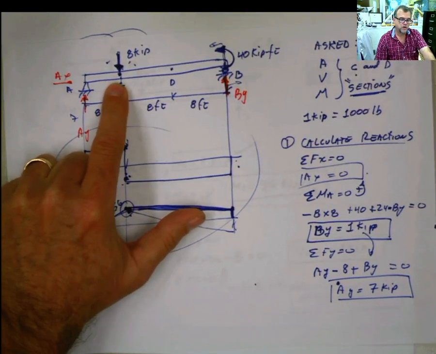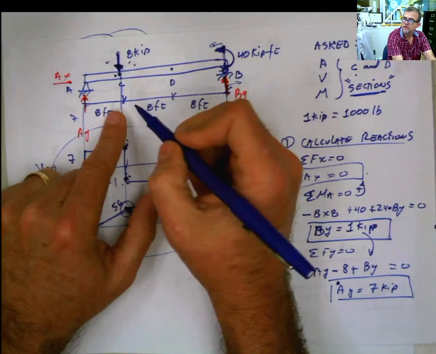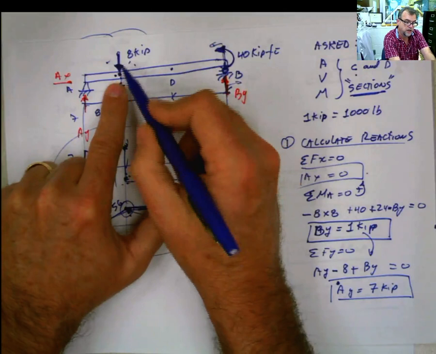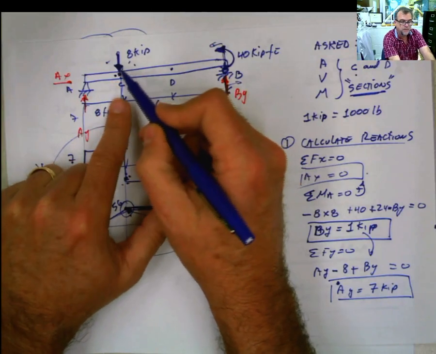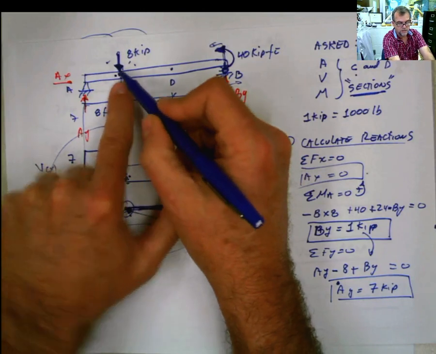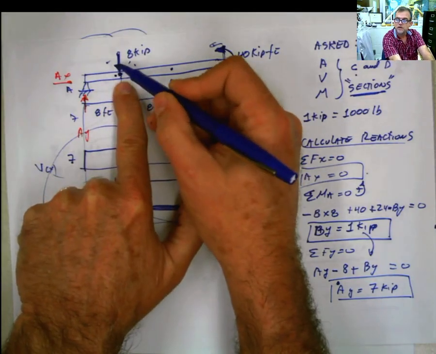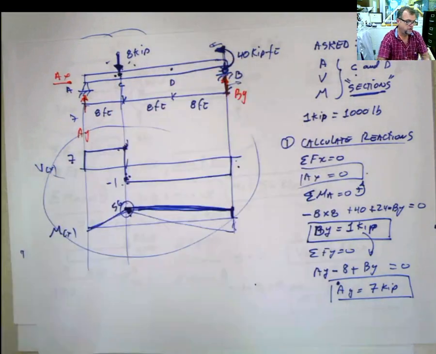Then you don't include the force. Or if they tell you, consider that the force is applied to the left of the point C, oh, then you have to consider it, because they are telling you, here's the point, and to the left of the point C is the force. So then I have to consider the force.